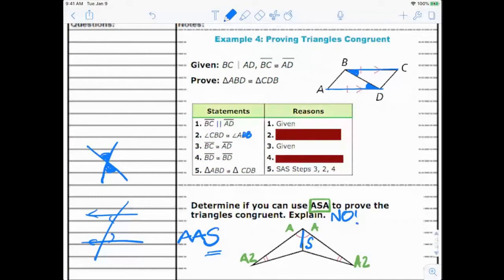That was written backwards. How do I know that those are congruent? Hopefully you said, because I know that with parallel lines, the angles are congruent because they are alternate interior angles, right? That was one of our kind of lists.